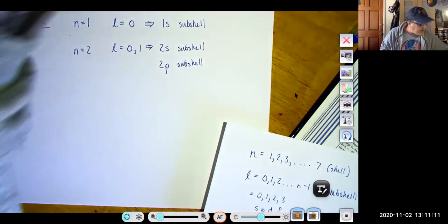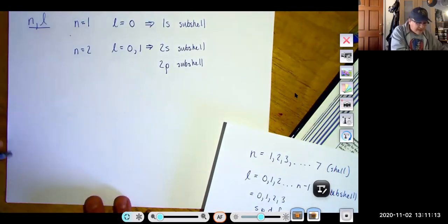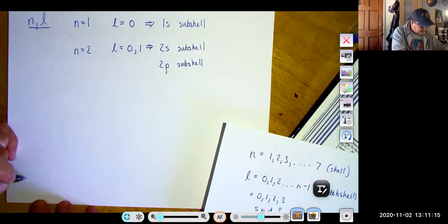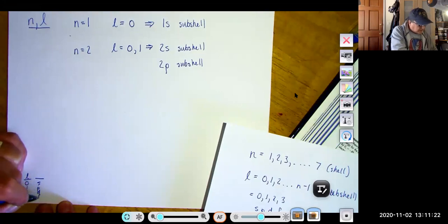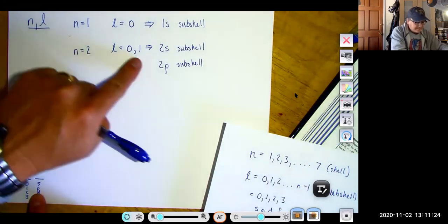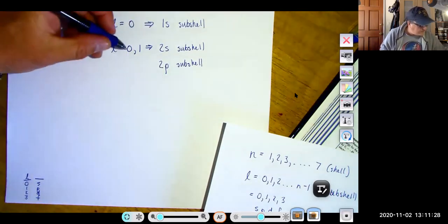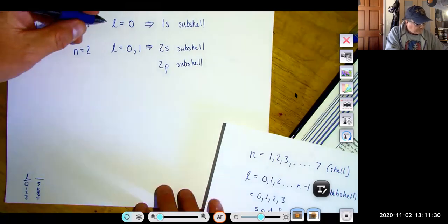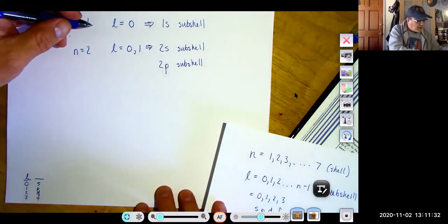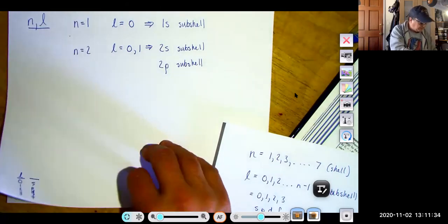So back to that L, I want to remind you down here that if L is 0, 1, 2, 3, we're talking about SPDF. So if L is 1, it's a P. Oh, and I'm sorry, and I forgot. I want to remake this chart real quick.